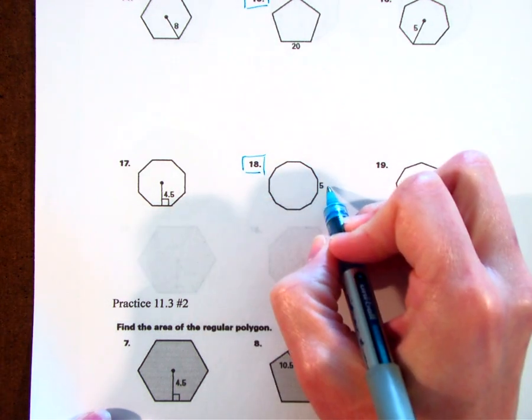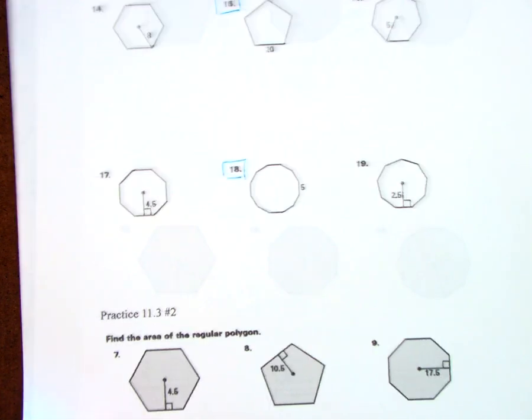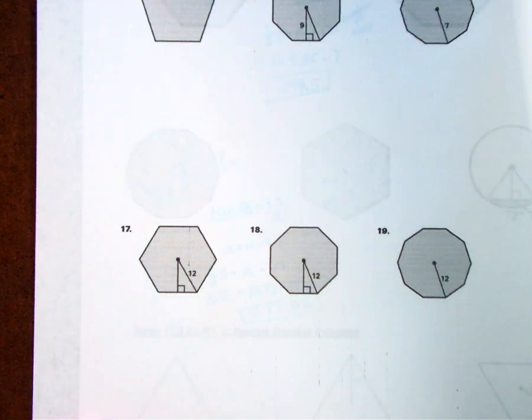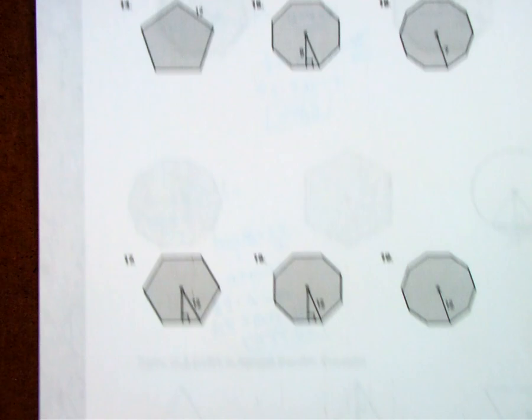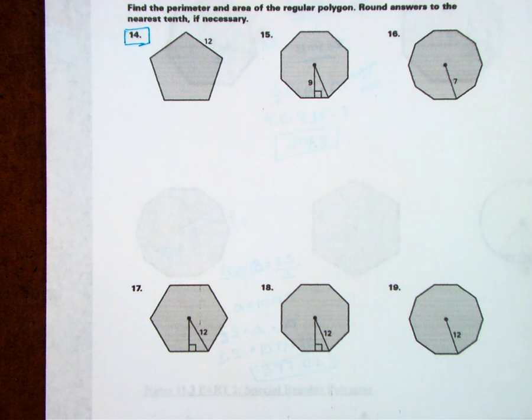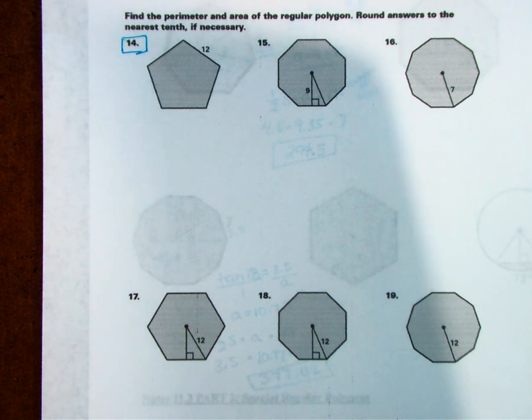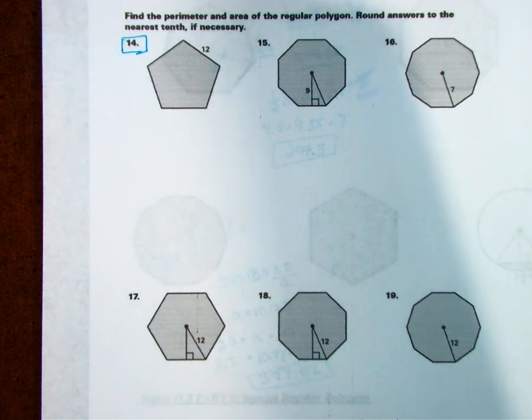This is a number 5, by the way, if you can't tell what that is. Okay. Then if you turn the page. Number 14 is the only 3 problems that you can do from this set so far. Okay, so try just those 3 problems, and then when we come back for 11.3 the second day, then we'll get into the other types.